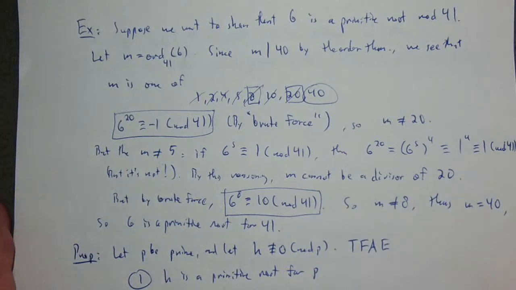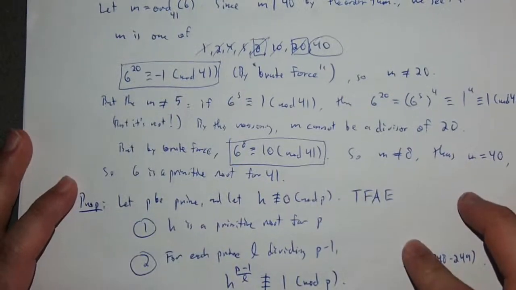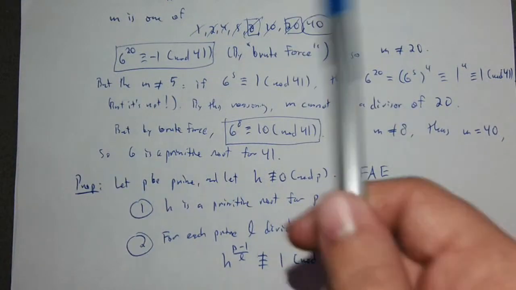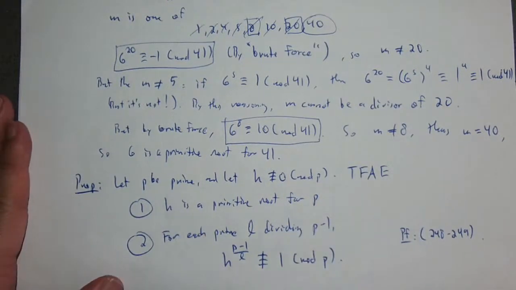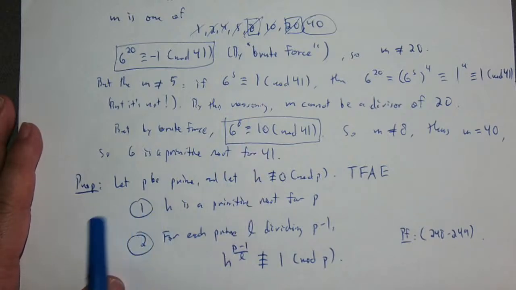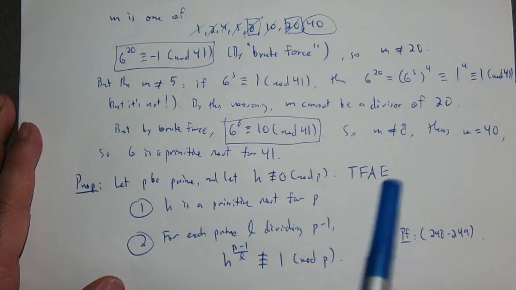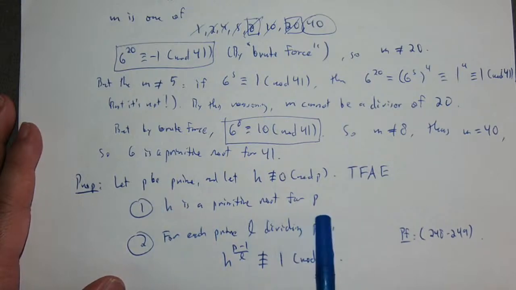And so basically, what happens in this example is not specific to these numbers in question. This actually gives a quick way of going through this, and so that way is listed here. Let p be prime, h not congruent to 0 mod p. Then the following are equivalent. h is a primitive root for p.